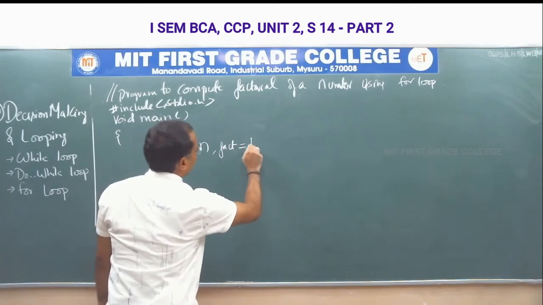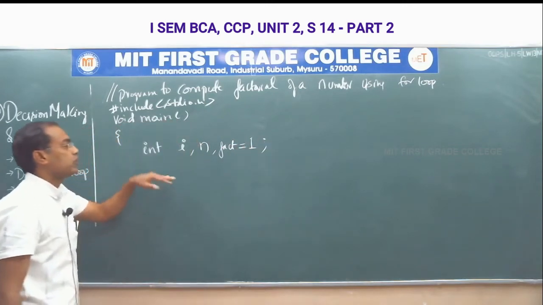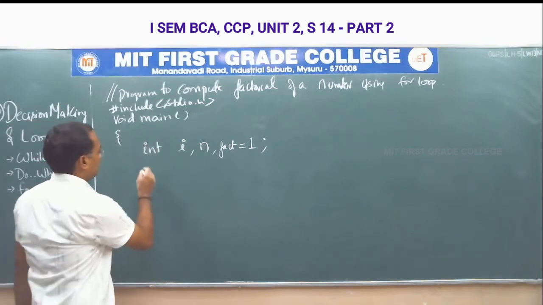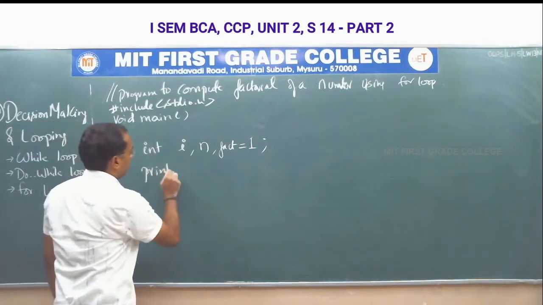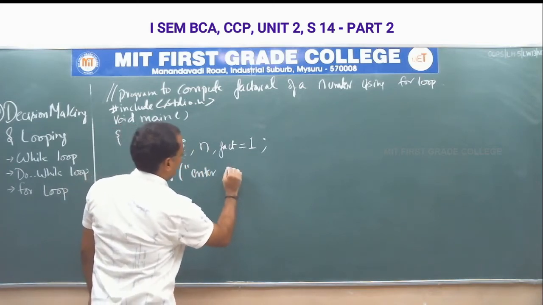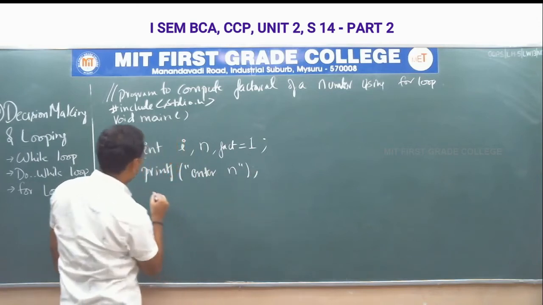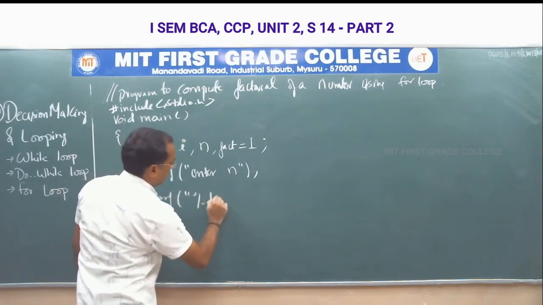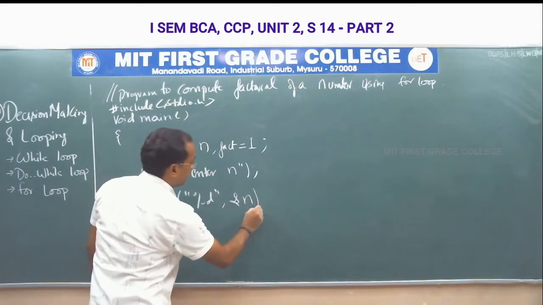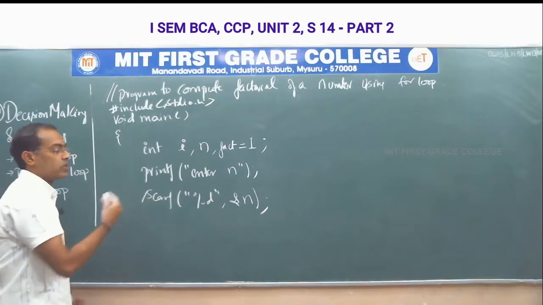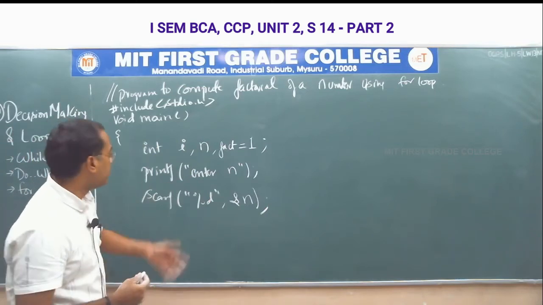I'm going to assign it 1 here itself to show you that we can do the assignment in the declaration itself. Accept the input: printf, enter n, scanf, %d ampersand n. I'm using only integers as data type because the program requires only integer output.